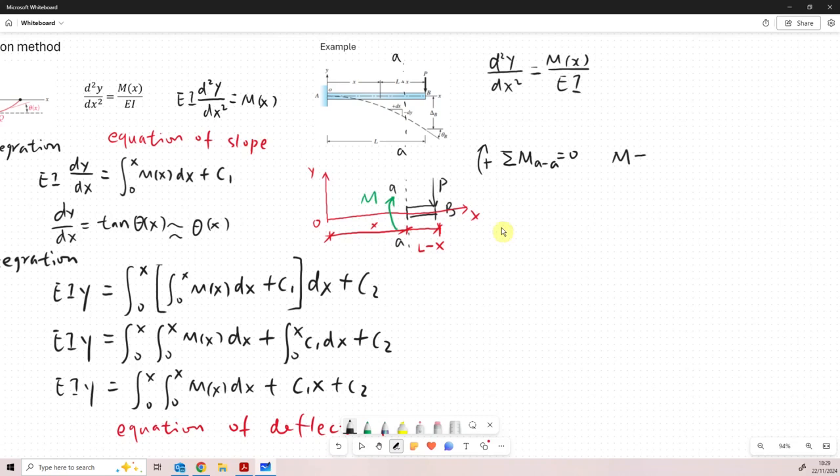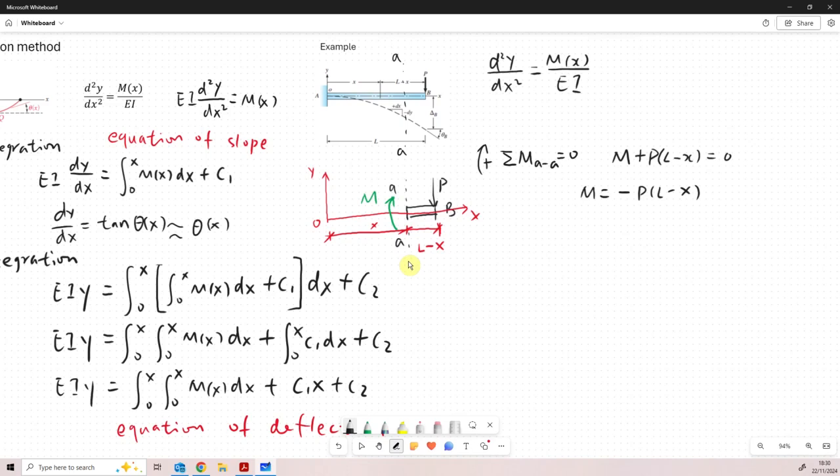The lever arm from the load to the cutting section is L minus X. So M plus P times (L minus X) equals 0, so M equals minus P(L minus X). This is the function M(x).